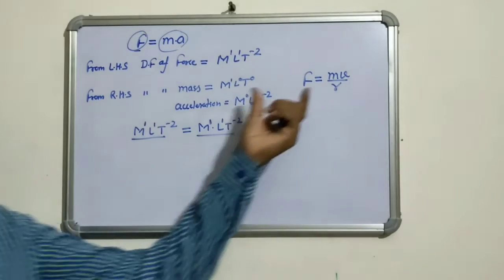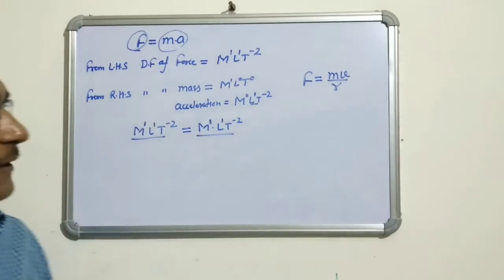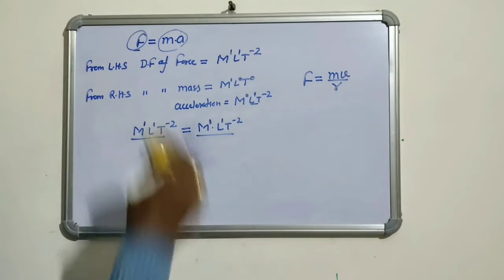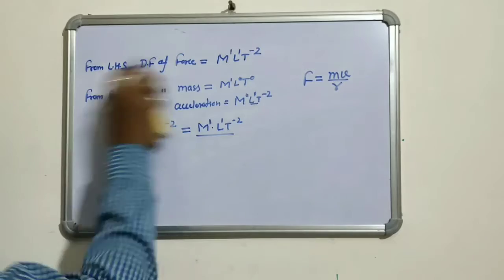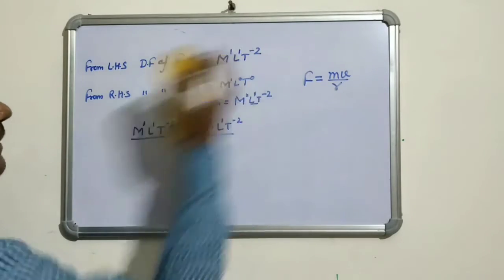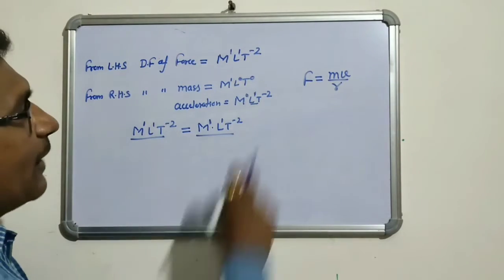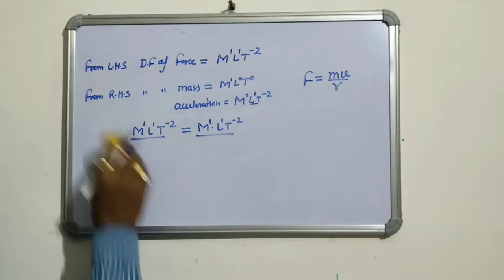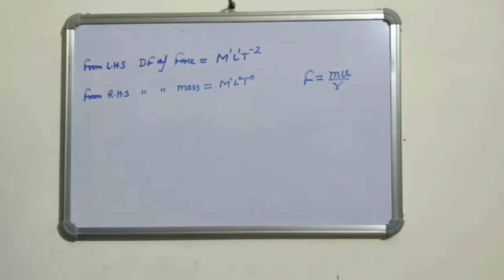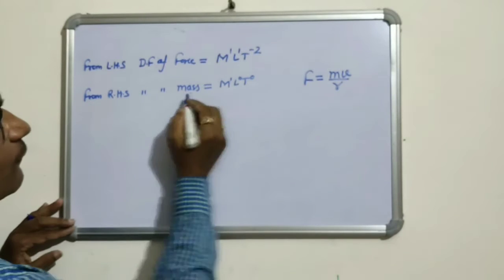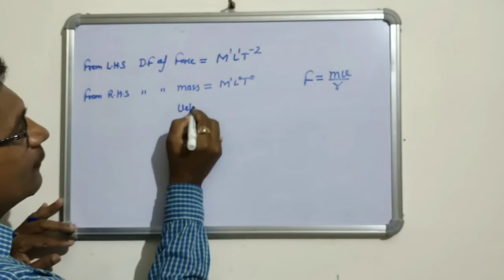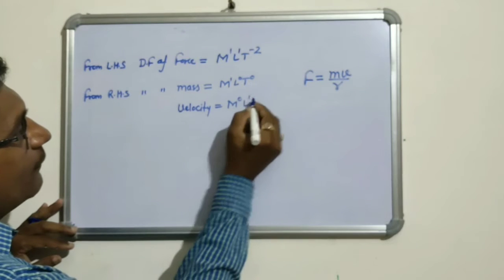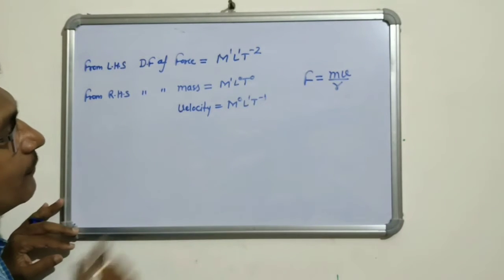From the left hand side, the dimensional formula of force is M1 L1 T minus 2, and from the right hand side, the dimensional formula of mass is M1 L0 T0, and the dimensional formula of velocity is M0 L1 T minus 1.